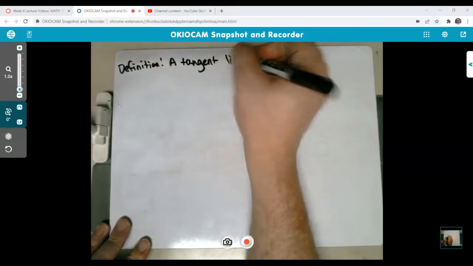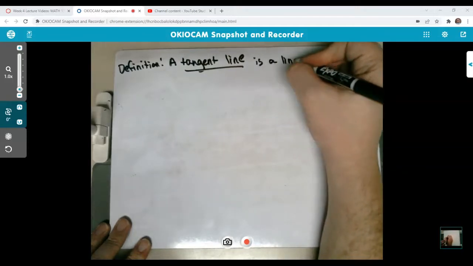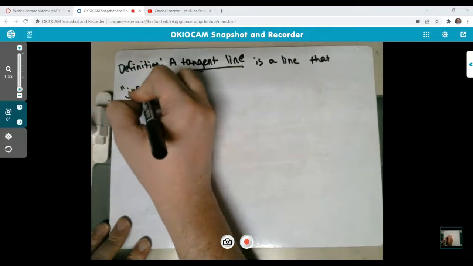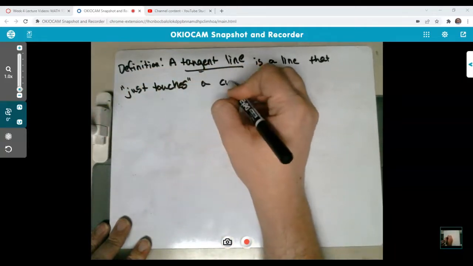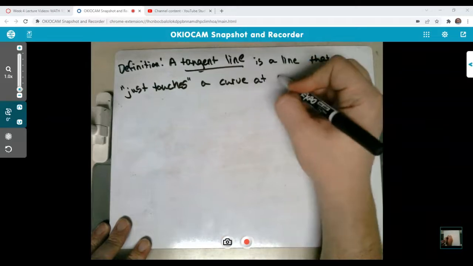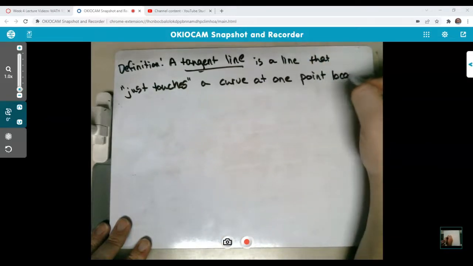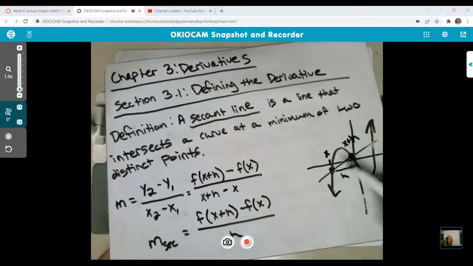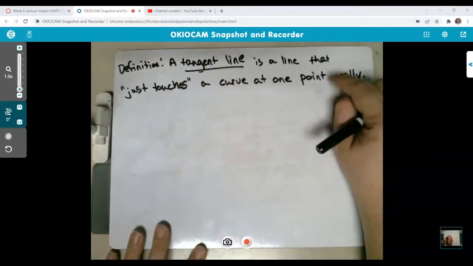A tangent line is a line that just "touches," put that in quotes, a curve at one point locally. So now I just want to look at 1 point, whereas these lines I talked about over here pass through at least 2 points. I'm looking at just 1 point, that's what locally says.